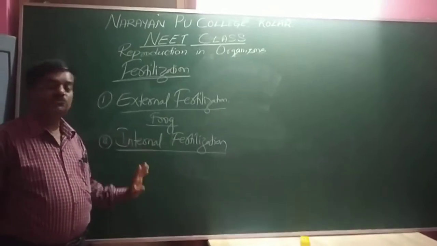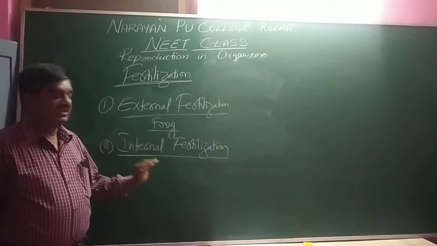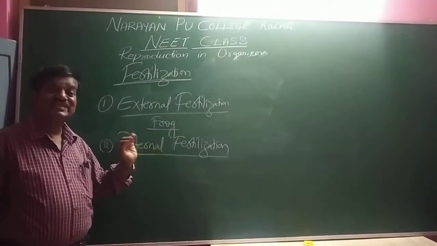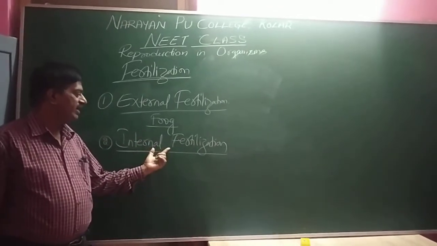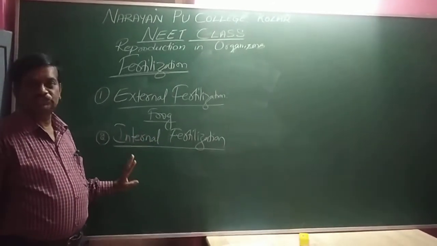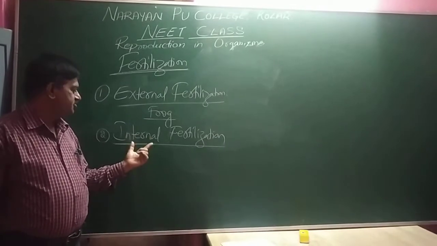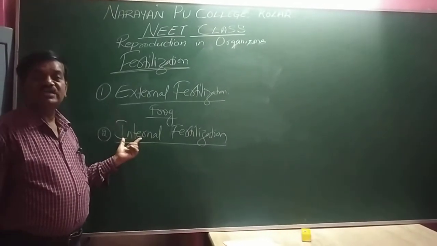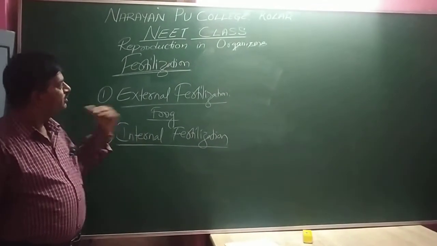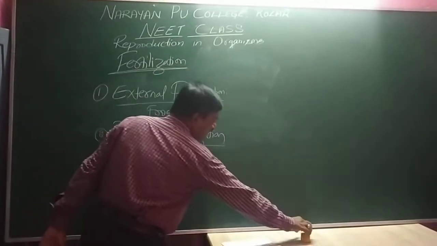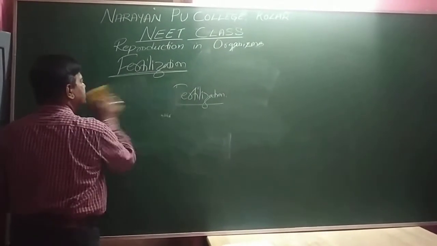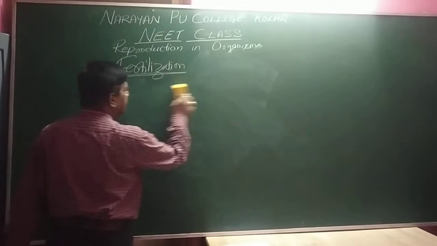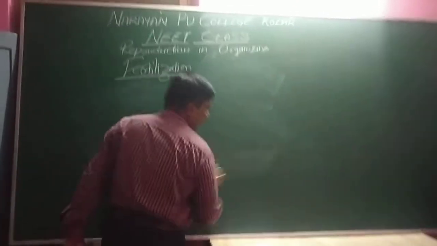For that we use the word internal fertilization. Fusion takes place inside, hence it is called internal fertilization. Monkeys, mammals including man can be called internal fertilization. Now, we'll take an example. Animals have internal and external fertilization.